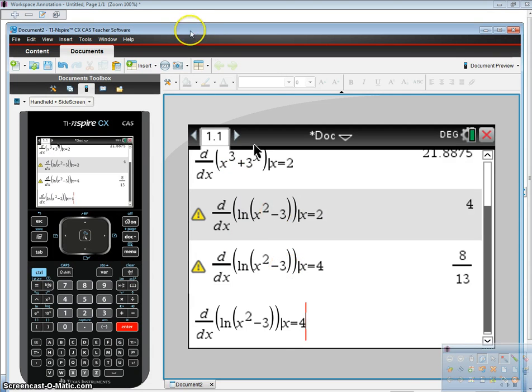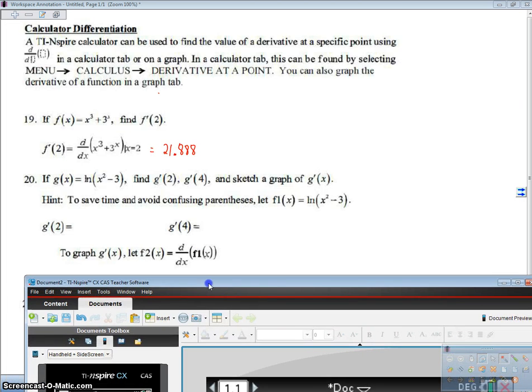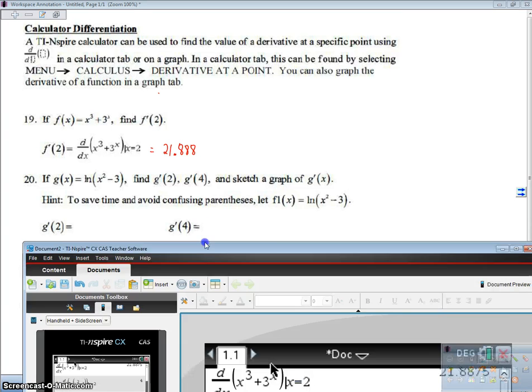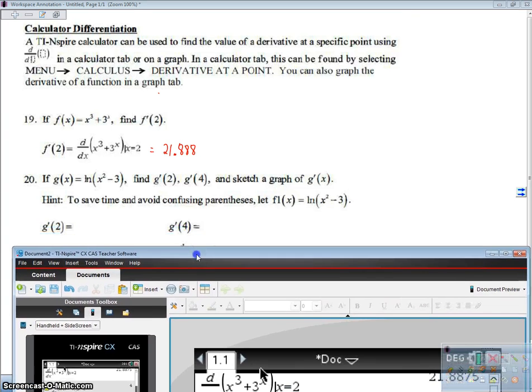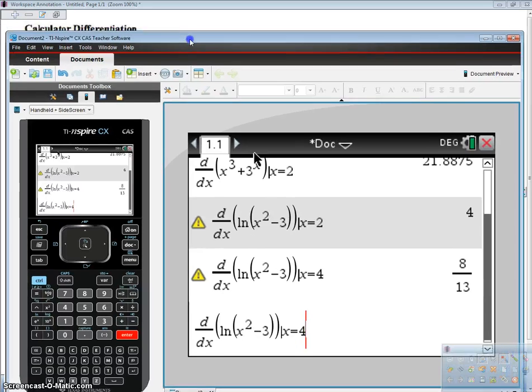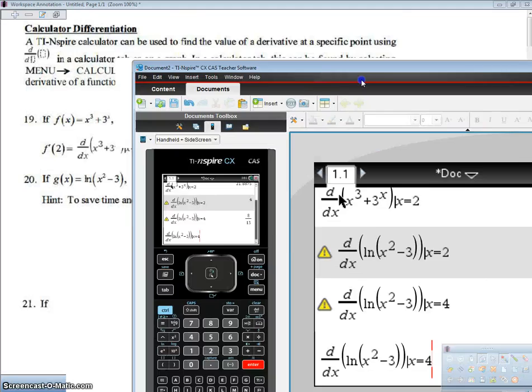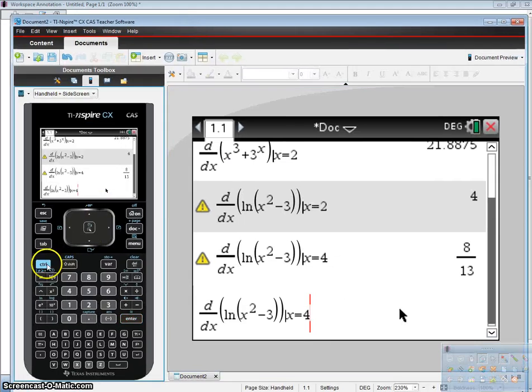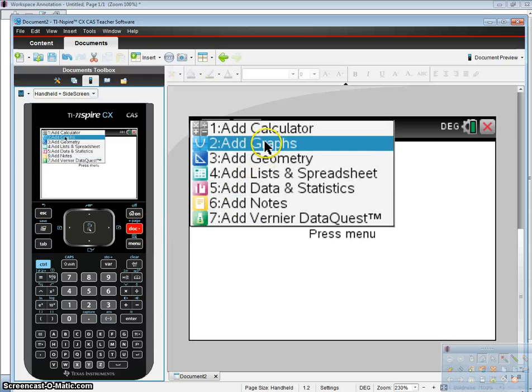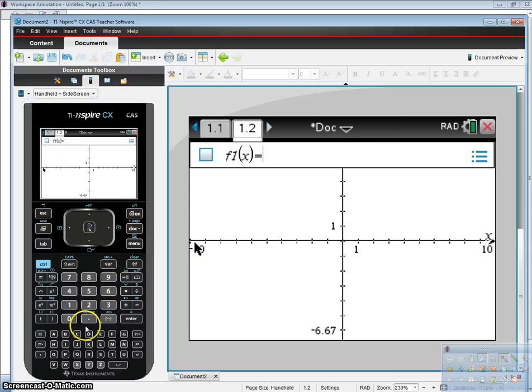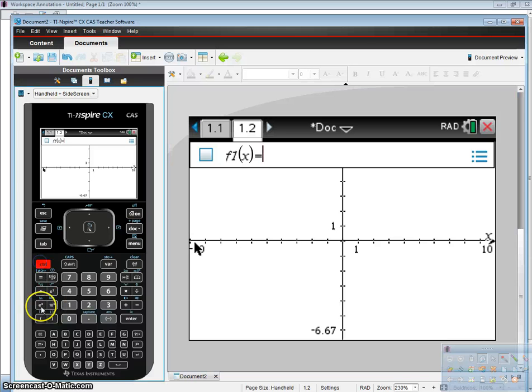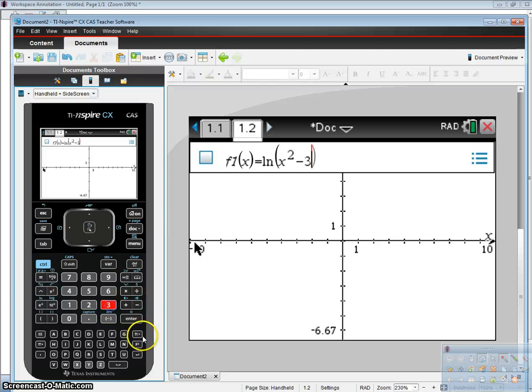Okay, so that's how we do derivatives in our calculator. To save time with confusing parentheses, we could let f1 of x just equal this function right here. All right, so if we wanted to, we can graph this, and we can just put ln of x squared minus 3.